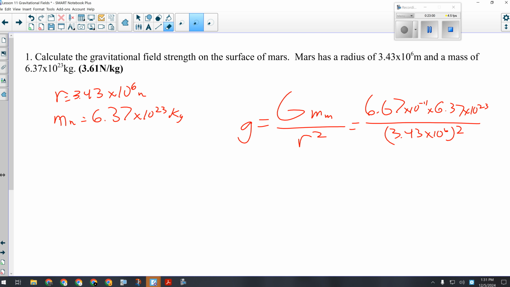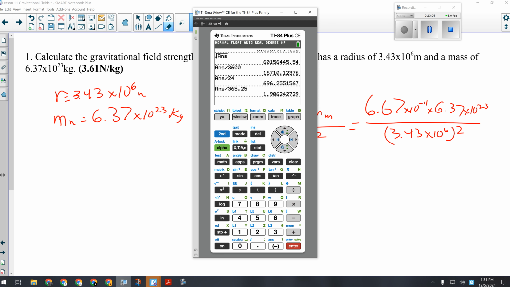All right, if we do that, okay, we should get 3.61, but we'll punch it in anyway. Okay, so 3.61 newtons per kilogram, or 3.61 meters per second squared.